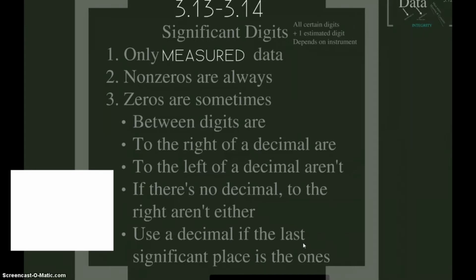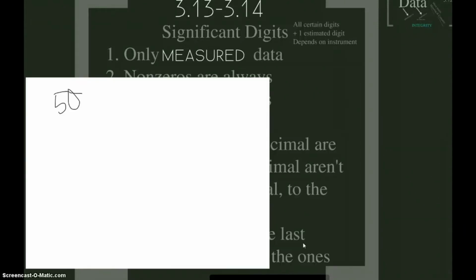All right, the first rule is that significant digits only apply to things that are measured. So if you just have a number, 500, okay, the number 500, there's nothing about that we can talk about significant digits. There's no unit. It's not a measurement. If you talk about a pair of socks, or a pair of birds, or a pair of anything, a pair just means two of something.